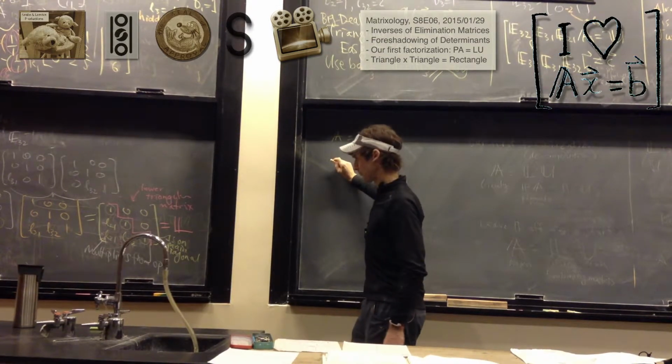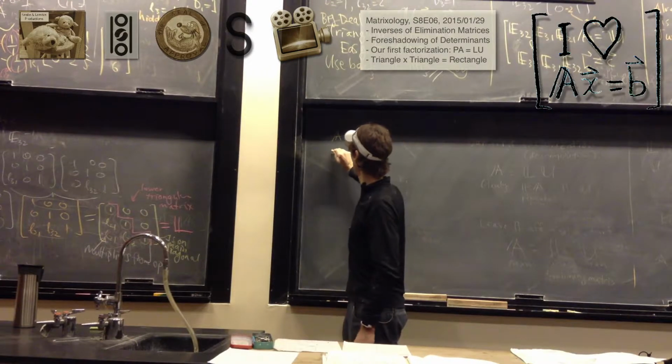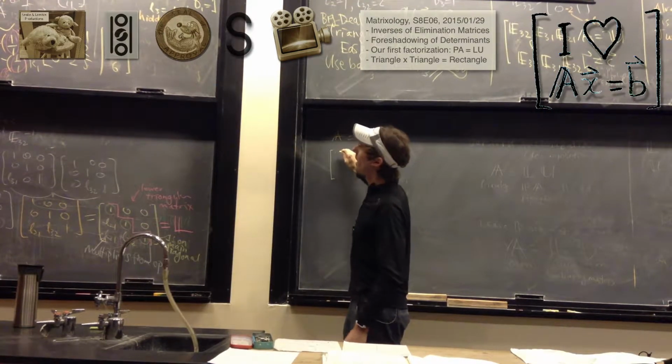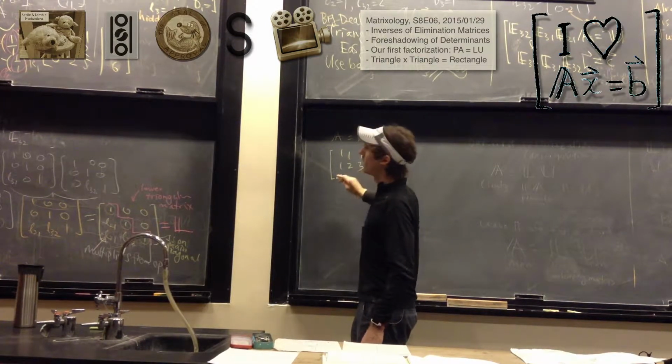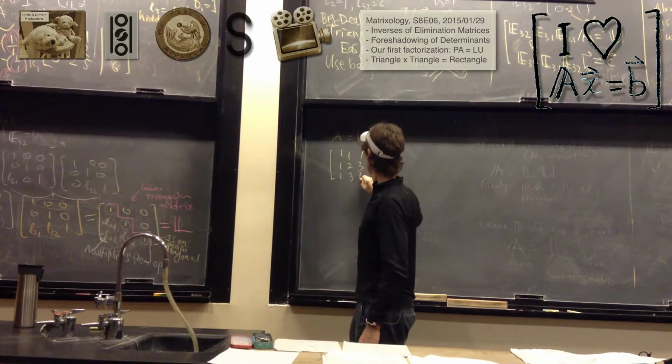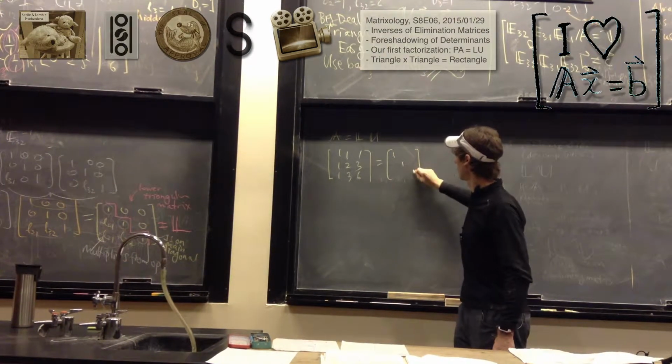Right? So, well, let's do it. In our case, it was 1, 1, 1, 1, 2, 3, 1, 3, 6. This is our A, and we'll just fill in the multipliers.